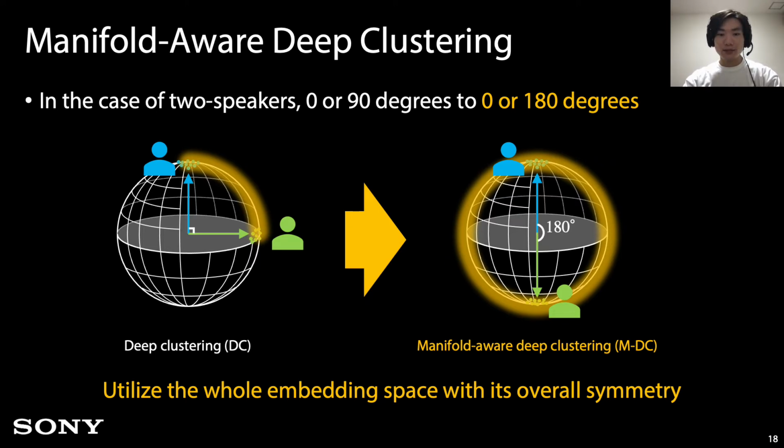By doing this, MDC not only maximizes the angle between two embeddings belonging to different speakers, but also allows the use of previously untouched size of the hypersphere due to its overall symmetry. This theoretically enables us to train a DNN having a maximum spatial efficiency for each mixture.